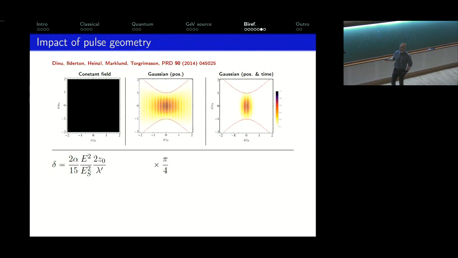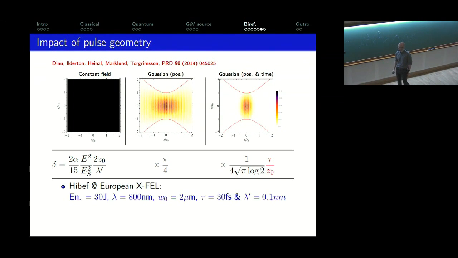All that happens is you add a factor of pi by 4. Fine, that's easy. And then you do the calculation again, this time with a laser pulse. And you get some numerical factor, and then a factor of the pulse length over the Rayleigh length. Okay, fine. What does that imply? Well, let's take some numbers and plug them in.